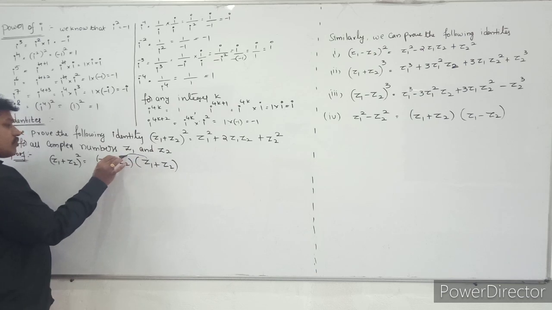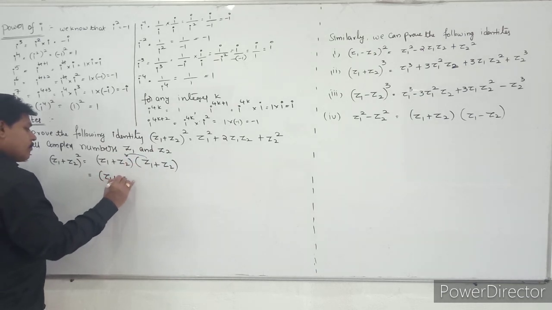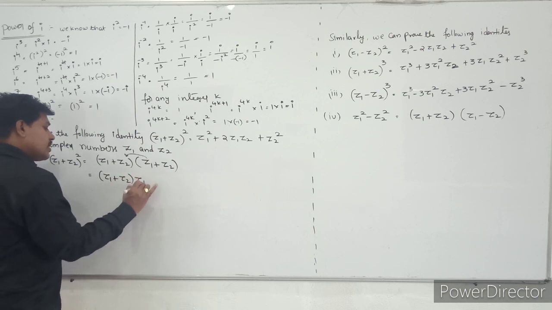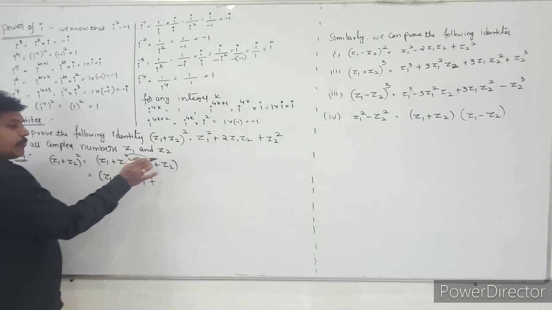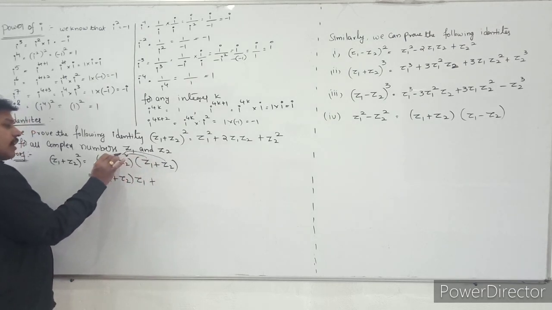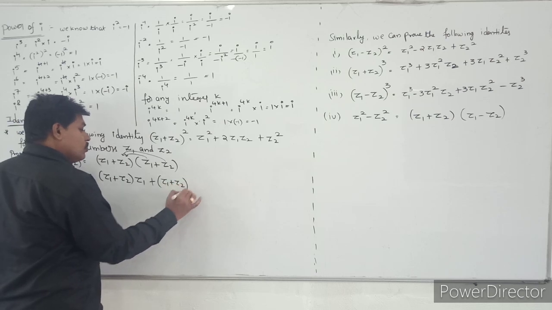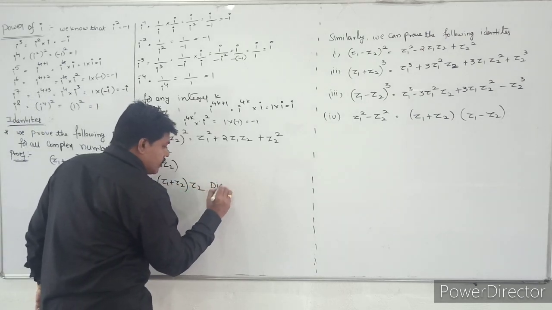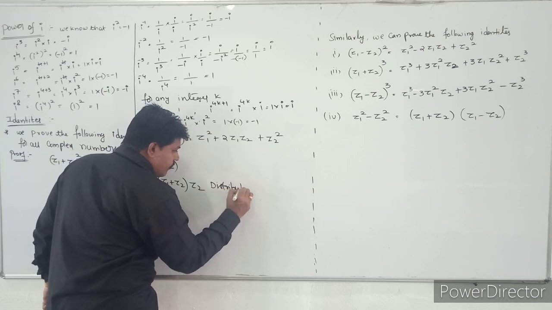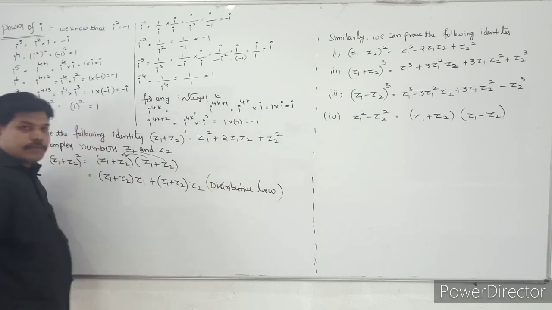First multiply with z1, so z1 plus z2 into z1, plus multiply with z2 also in this bracket, that is z1 plus z2 into z2. What is the formula we are applying here? Distributive law. We are applying the distributive law here.